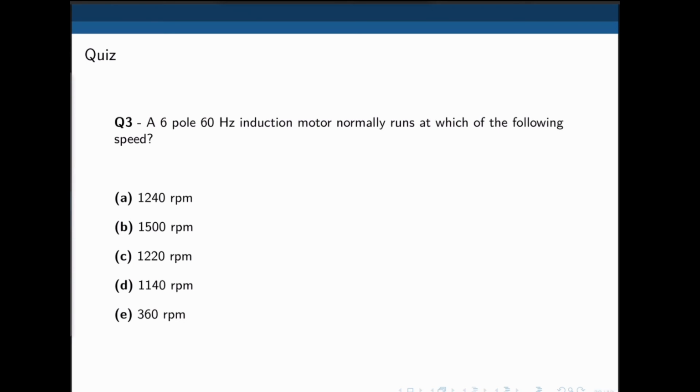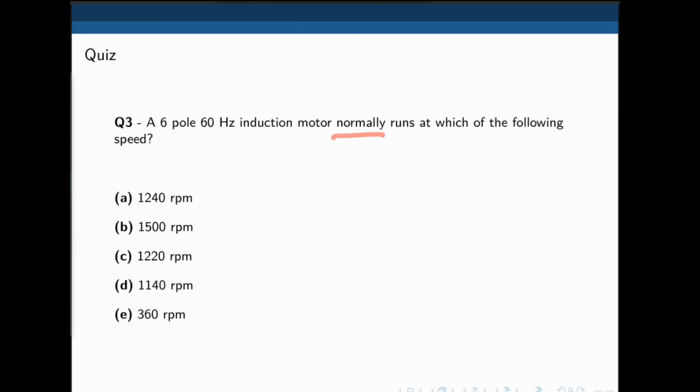A 6-pole 60 hertz induction motor normally runs at which of the following speeds? Is it E? Why would that be E? How was that calculated? Is it 120 f divided by P? It would be at 60 hertz.